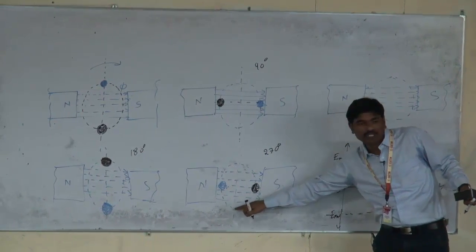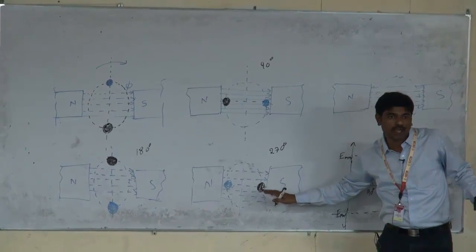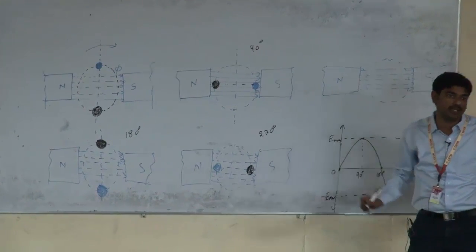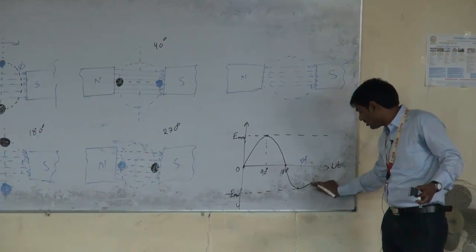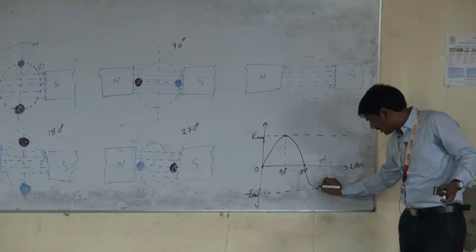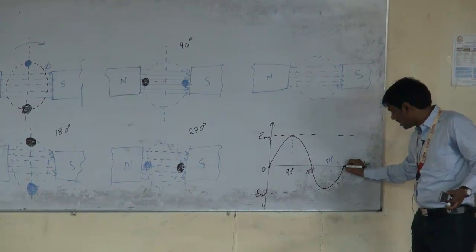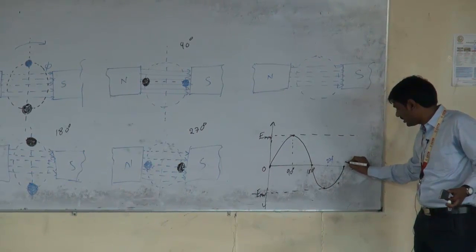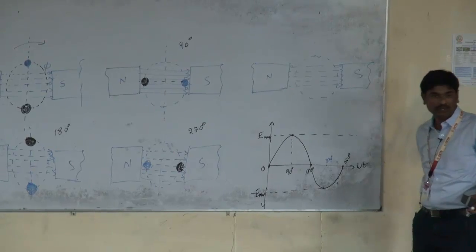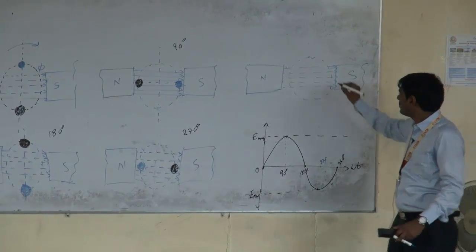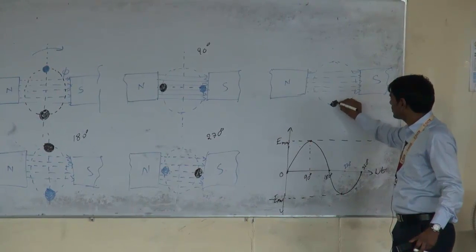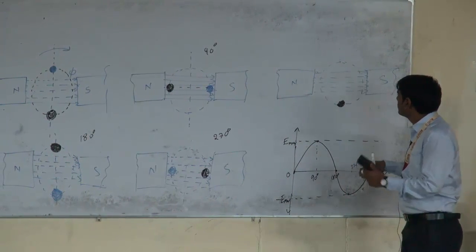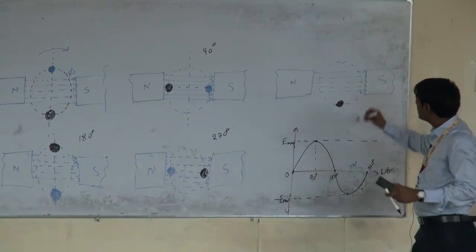From 270 degrees to 360 degrees, the effect of flux on the conductor decreases gradually, and hence the induced EMF in the conductor also decreases gradually and becomes 0 at 360 degrees. And this is the conductor position at 360 degrees.